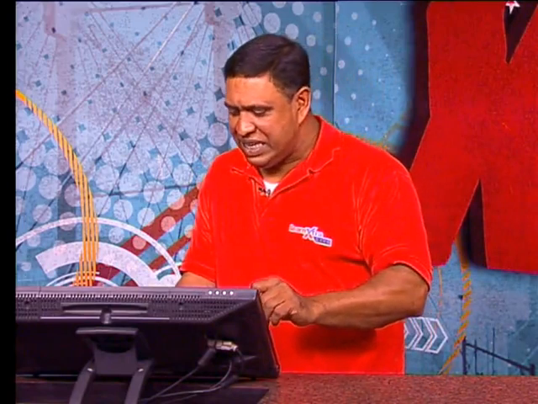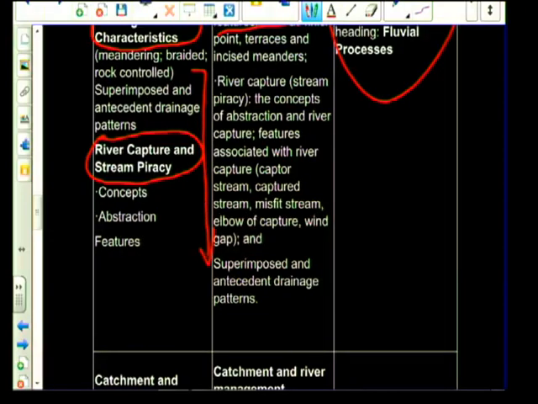Here it's written for you. So it makes the using of your curriculum when you're studying far easier. You'll notice here all the different things. Here it may say features. Here it tells you what the different features are that you'll have to study. And eventually we're looking at your superimposed and sediment drainage patterns, which is also in this area. So nothing much has changed between those two.